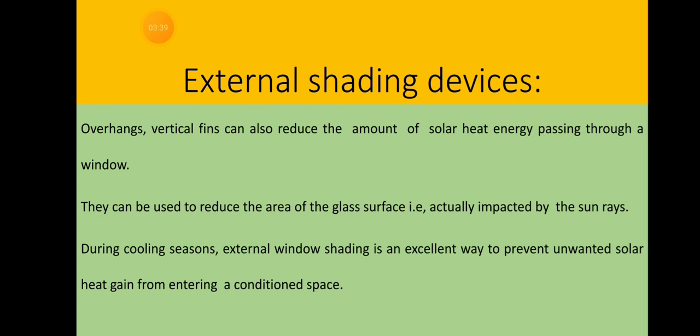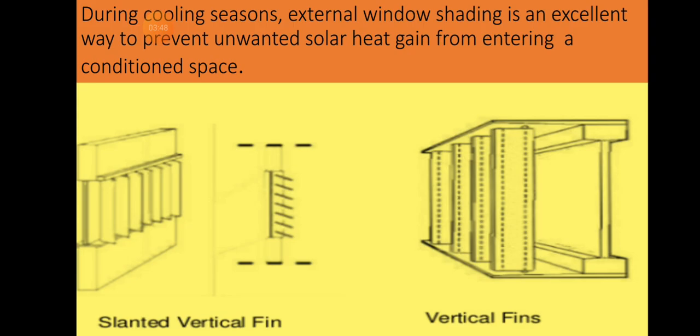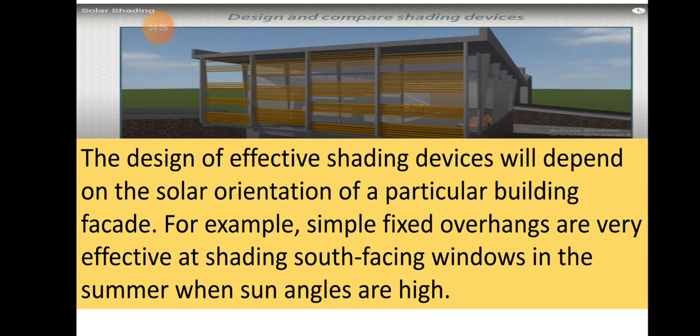During cooling season, the external window shading is an excellent way to prevent the unwanted solar heat gain from entering a conditioned space. So you can see the structures here, that is slanted vertical fins and the vertical fins. You might have seen these structures in the buildings.